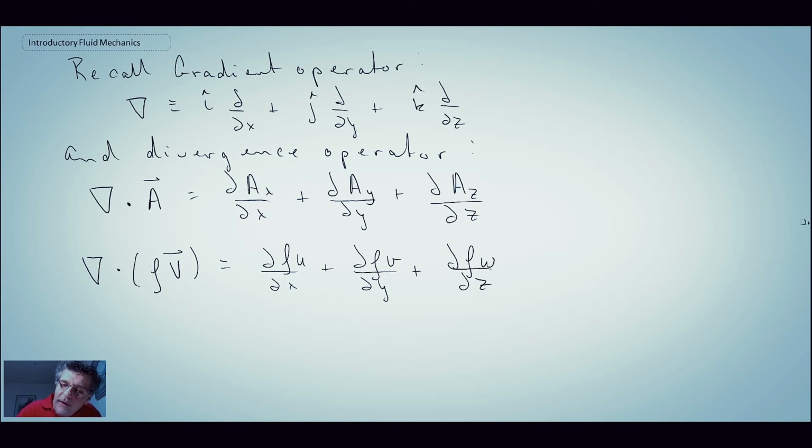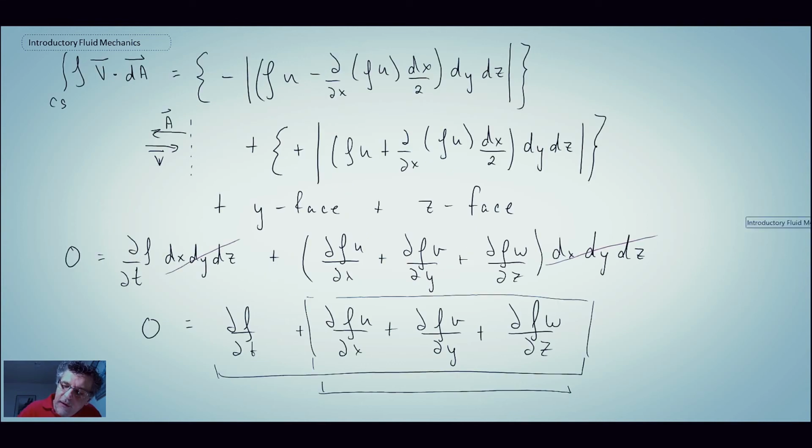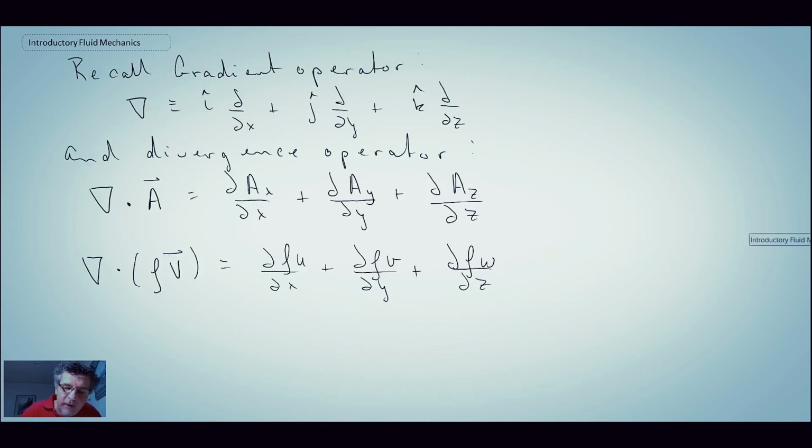If we look back at our equation, we can see the divergence of rho times the vector v is exactly what we have for the second part of our equation, and consequently we can rewrite continuity to look something like this.